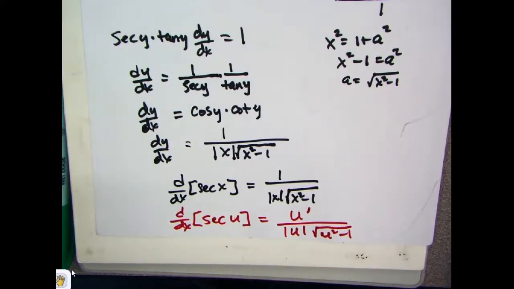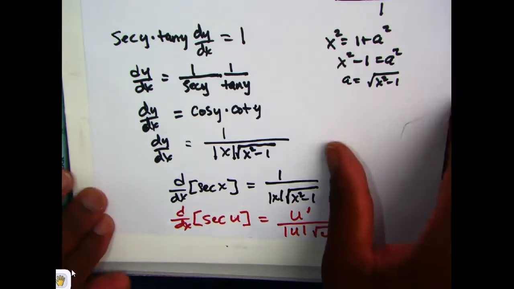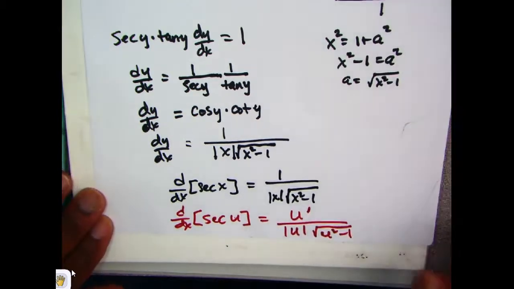Okay. Hopefully you've seen the pattern thus far with sine and cosine, how one is positive, one is negative, and for tangent and cotangent, one is positive, one is negative. So it's going to be the same thing with the secant and the cosecant. So let's just go ahead and put that one in your notes.